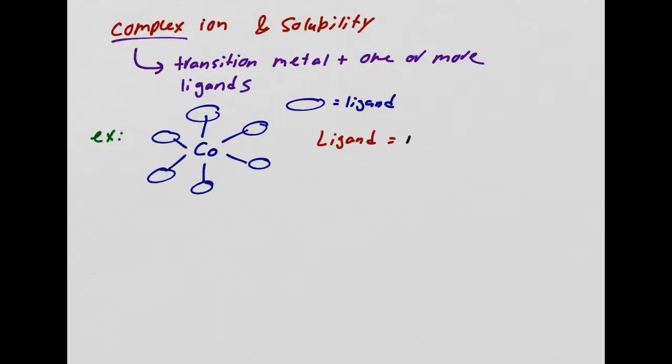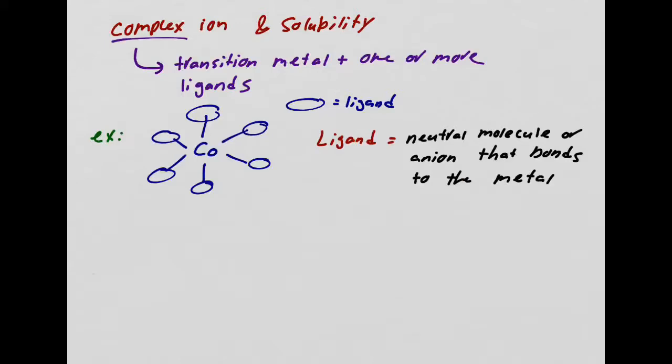Here's what a ligand is. A ligand is a neutral molecule or anion, it could have a charge, that bonds to the metal through a Lewis acid-base reaction.